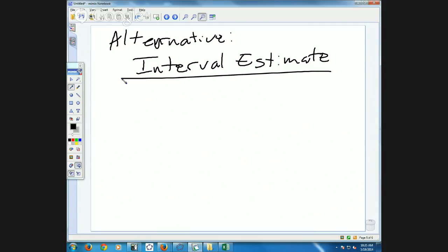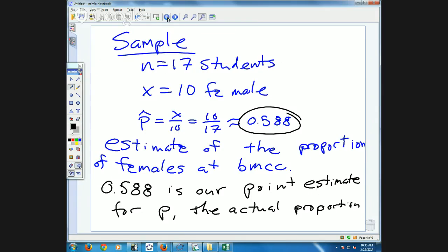So an interval estimate is where we say that, let's see, I'm just going to make some numbers up and then we'll actually calculate it. If I take like 2% away from that 58%, that's going to give me a 56.8. Or if I add on 2, I'm going to get 60.8.